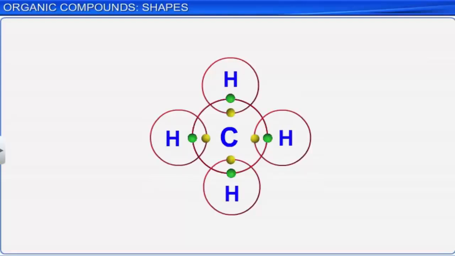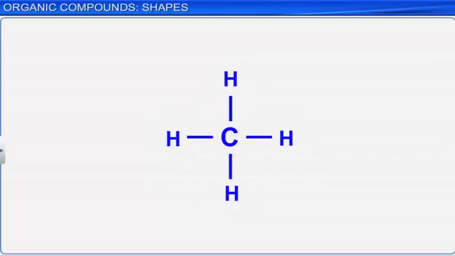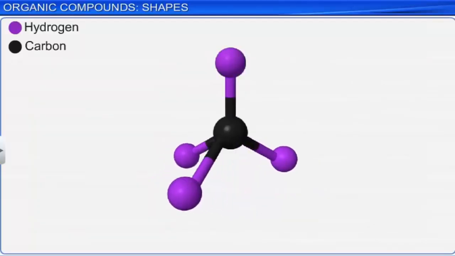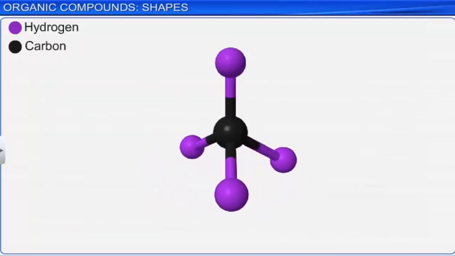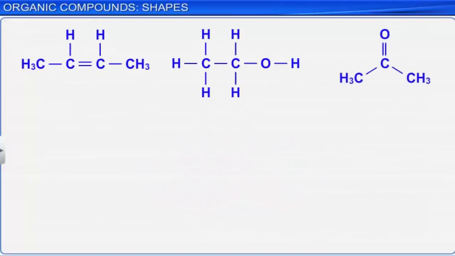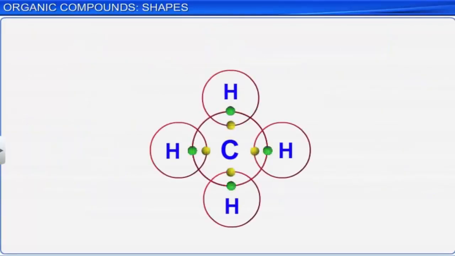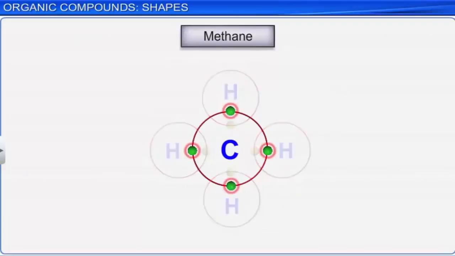This characteristic of carbon atom, by virtue of which it forms 4 covalent bonds, is called the tetravalence of carbon. Thus, carbon forms a wide range of compounds. In this example, methane is formed by sharing 4 electrons of carbon with 4 hydrogen atoms.